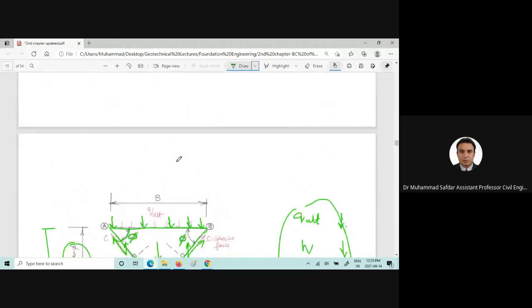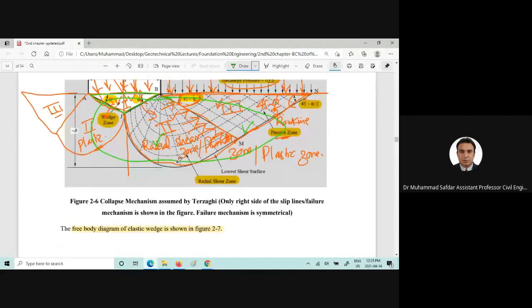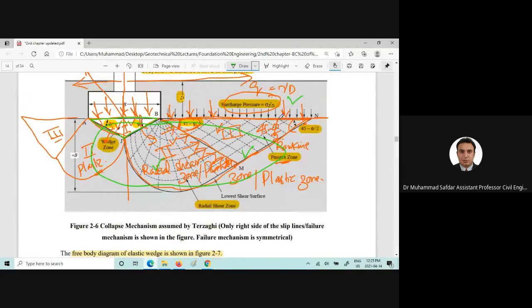PP, and that PP was also mentioned in this zone, the Rankine passive resistance zone. And this zone he named the Rankine active zone. Originally he took the work from Prandtl, so in some textbooks he has mentioned this radial shear zone as the Prandtl zone.